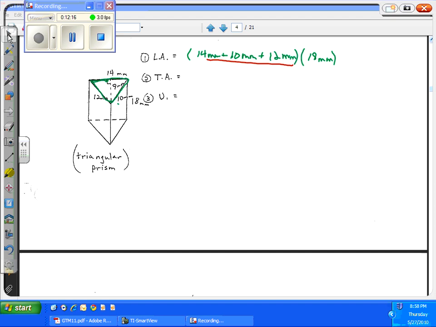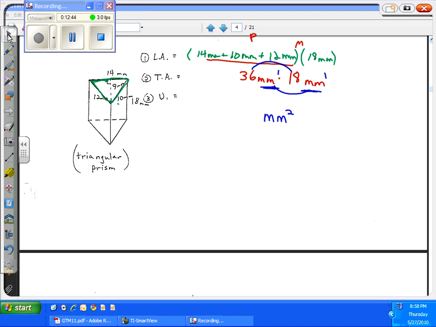We're going to do what's in this parenthesis before we multiply. So 14 plus 10 is 24 plus 12 is 36 millimeters times 18 millimeters. When you multiply the numbers and you multiply the names, you get a new name. And when you multiply with like bases, you add the exponents. So we get square millimeters.